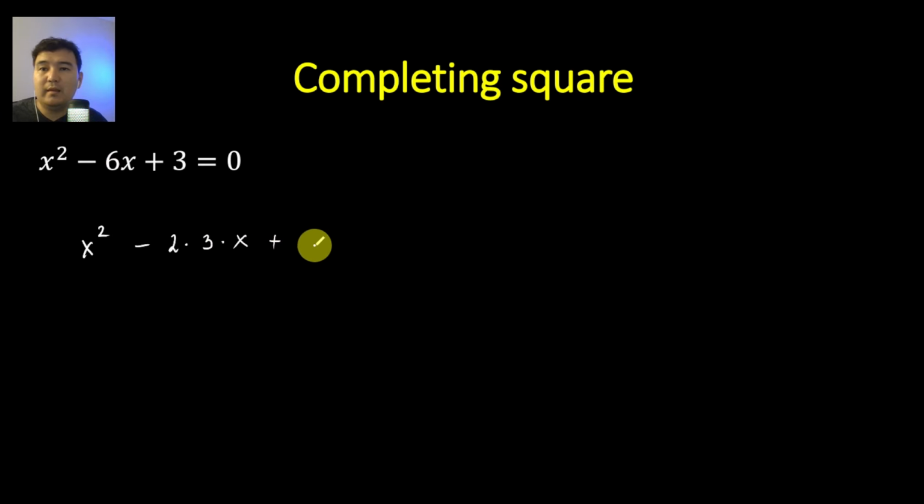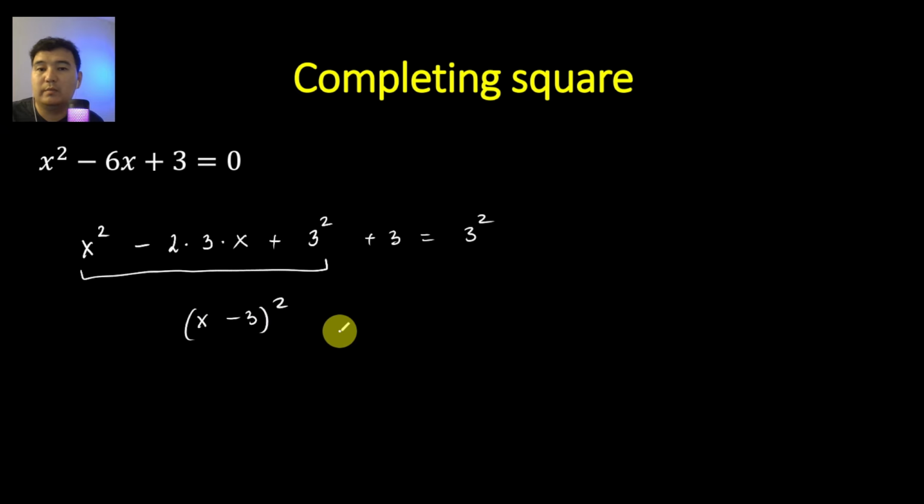If we had this 3 squared here, this part would have become the formula (x minus 3) squared, so we add 3 squared, which is 9. Then if you subtract 9 from both sides, (x minus 3) squared is 6. So now you can take square roots.